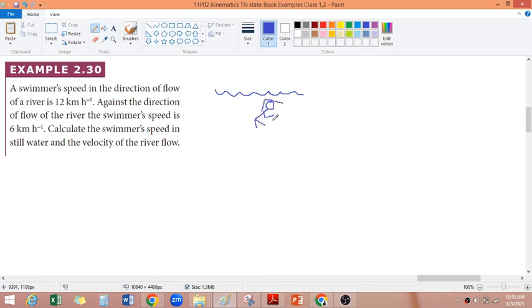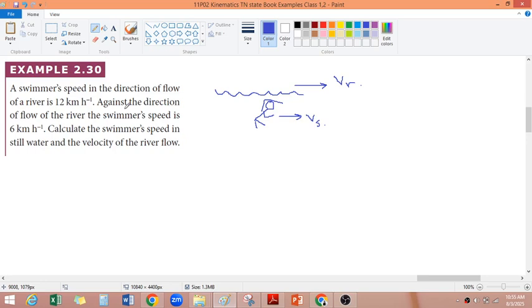If the velocity of river is Vr and velocity of the swimmer is Vs, in this case both are in the same direction, which means both will get added up because the river will try to push the person, so it will become easy for the person to swim or move.